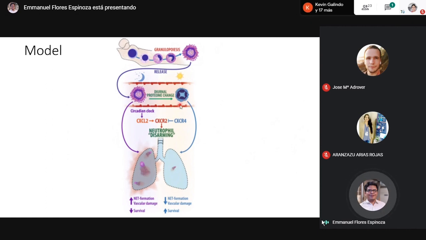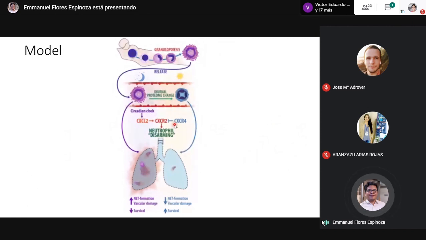So they propose that this is due to CXCR2, where the circadian clock by Bmal1 is controlling this axis of signaling, and this promotes the neutrophil disarming program. They also propose that CXCR4 is inhibiting this process.